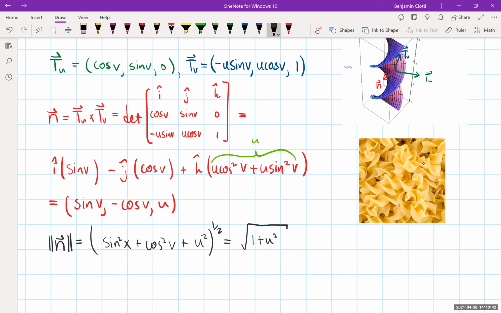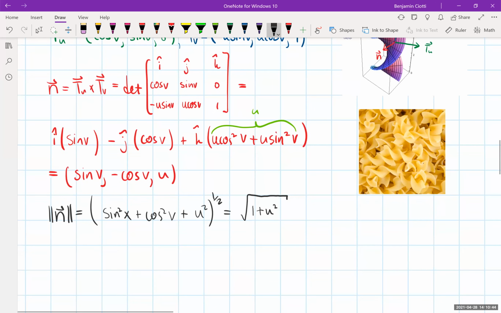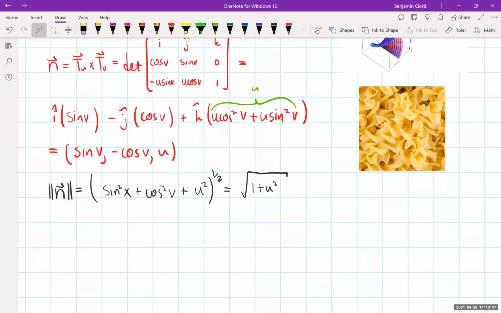So I found the length of my normal, and now I better integrate that over the range of u and v.